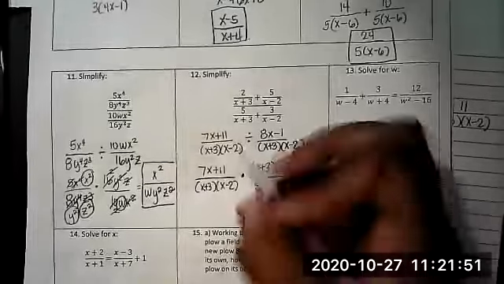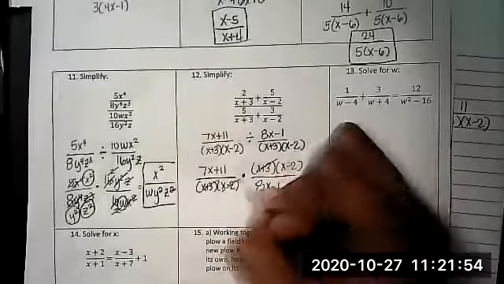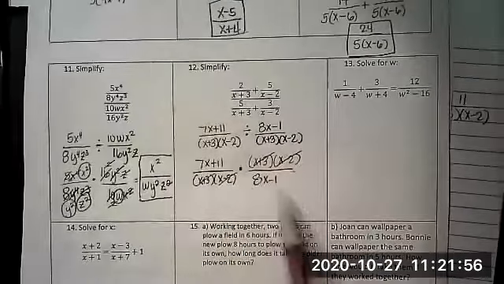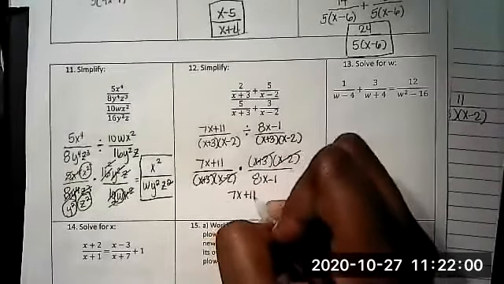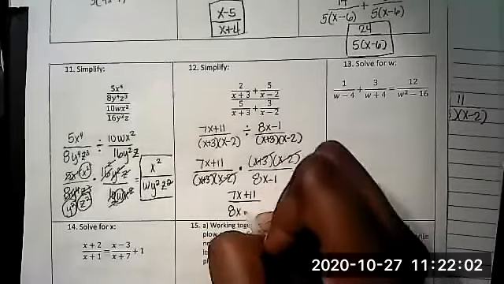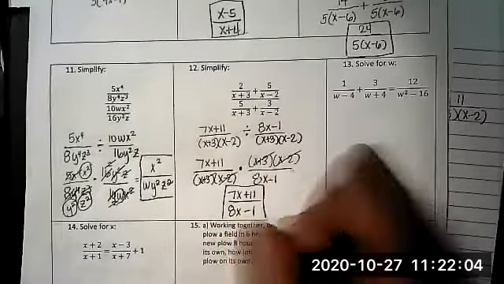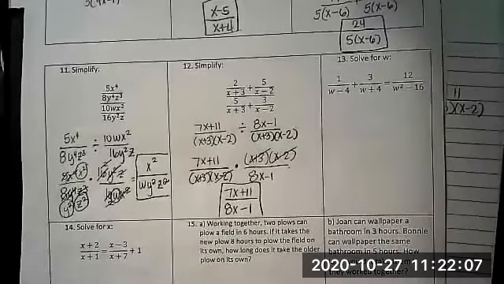So, of course, you can cross simplify. These cancel out, this cancels out. At the top, this has to stay the same. So your answer now becomes 7x plus 11 over 8x minus 1. This is your answer, okay?